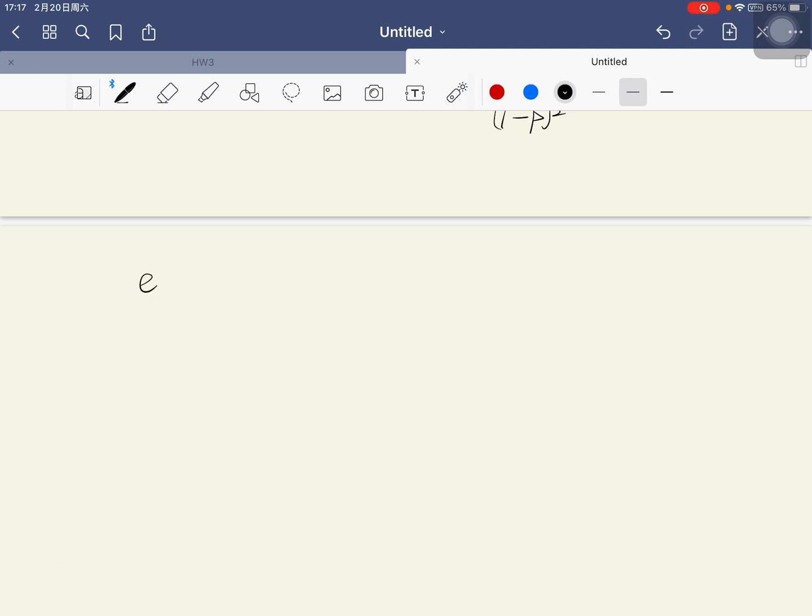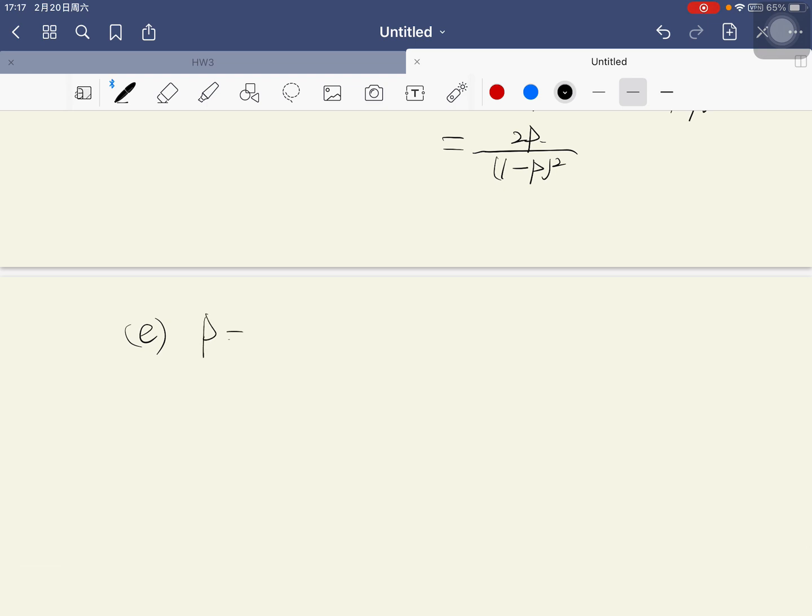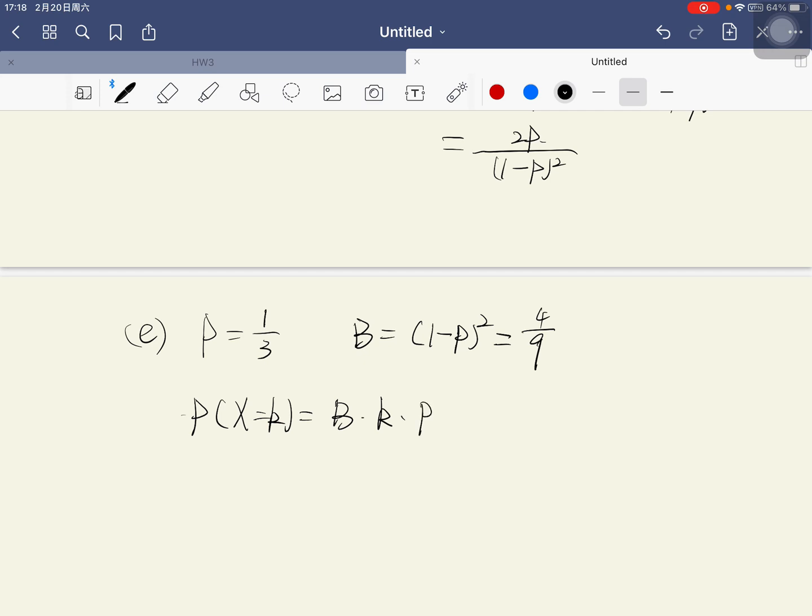And for question E, p is equal to 1/3, so b is equal to (1-p)^2, which is 4/9, and the probability of X equals k is b times k times p^(k-1), which is 4/9 times k times (1/3)^(k-1).